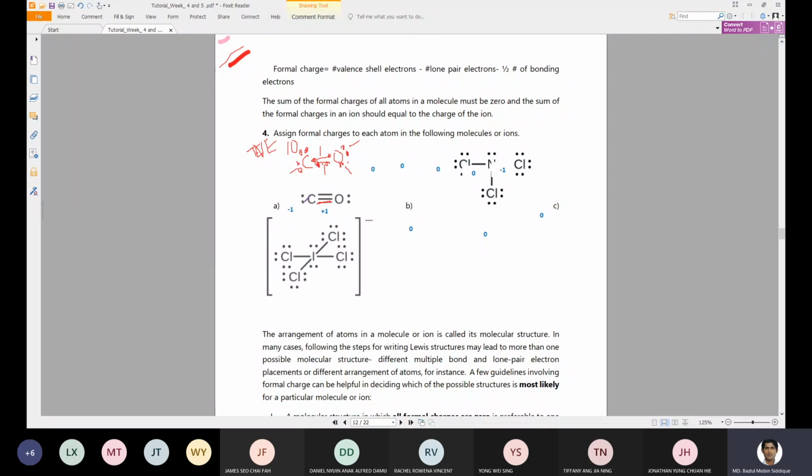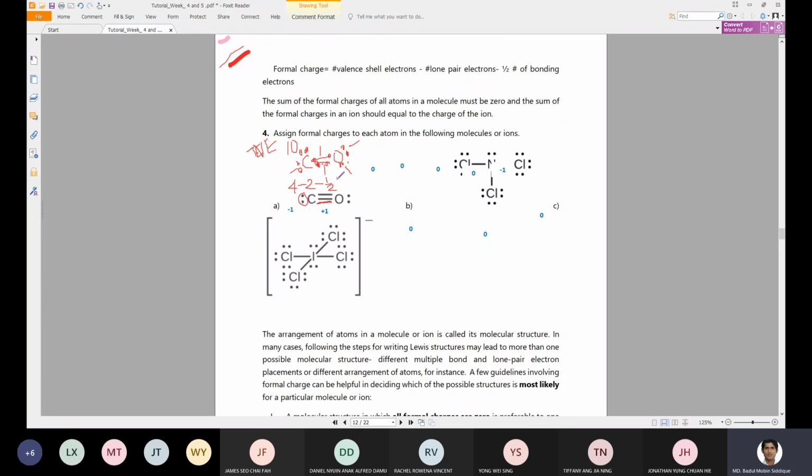So what will be the formal charge for this carbon and oxygen? For this carbon, the total valence electrons for carbon is 4, then minus 2 unused electrons, since 2 unpaired electrons are there, minus half of the bonding electrons.